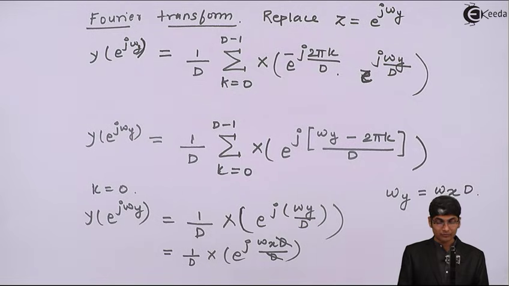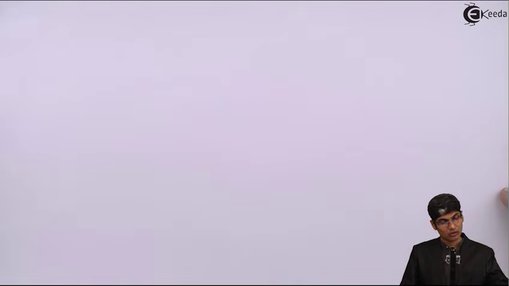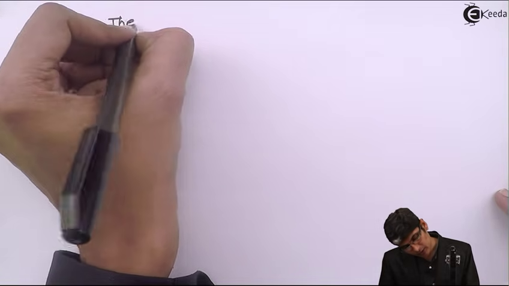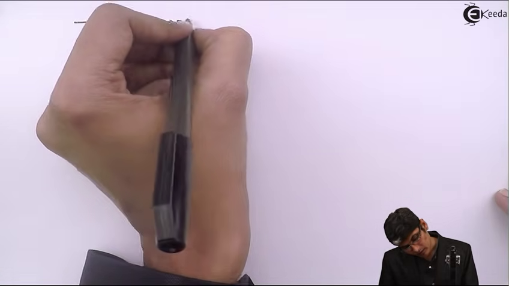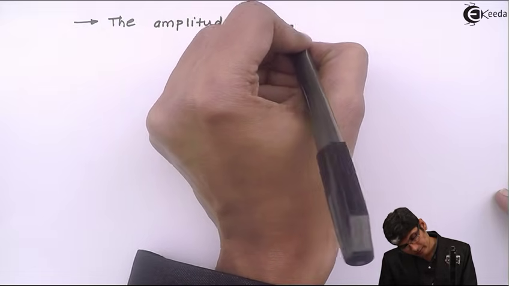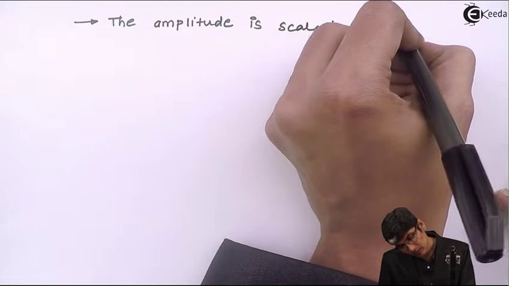Moreover, we have reduced the amplitude by a factor of d. So what does it give me? Looking at the equation I can say that, first, the amplitude is scaled by 1 over d.